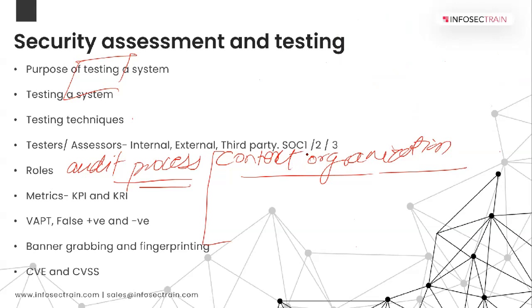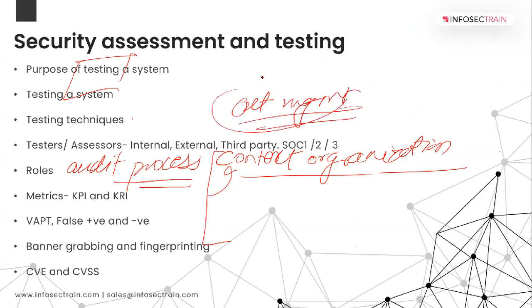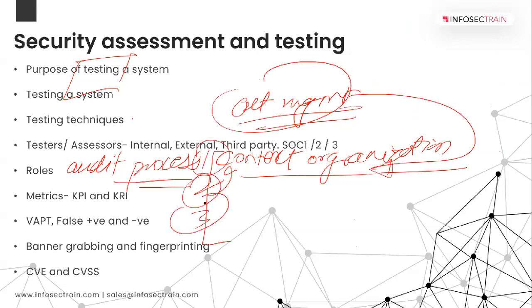Once context is set, then I'll involve the right business leaders, because I have to obtain approval from the executive management, which sits on the top. So I involve the right business leaders in the second step. This is my first step, this is my second step. The third step is determine the scope.